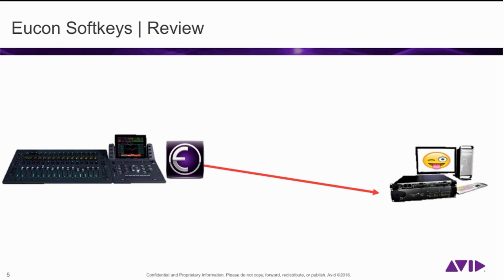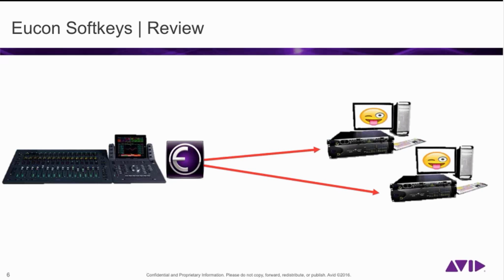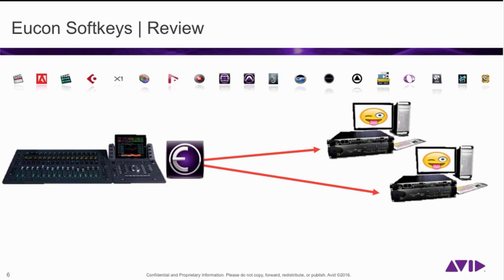But you're not just limited to a single workstation. You can also connect to multiple workstations, but there's more. These workstations are not just limited to running Pro Tools. They can run multiple applications at the same time or separately. Above are the icons representing many of the third-party pieces of software that have been Euconized, such as Pro Tools, obviously, Media Composer, Nuendo, Final Cut, and PureMX, just to name a few.